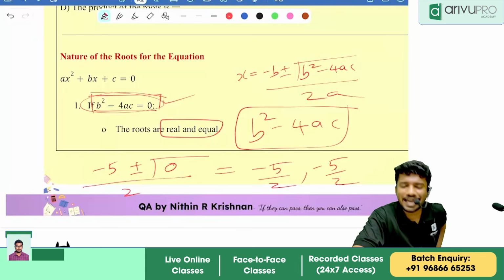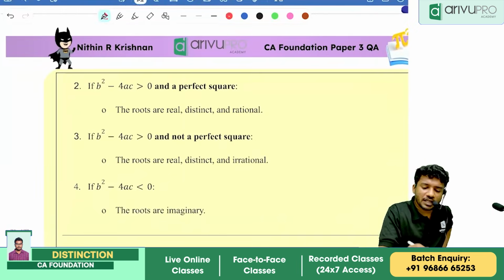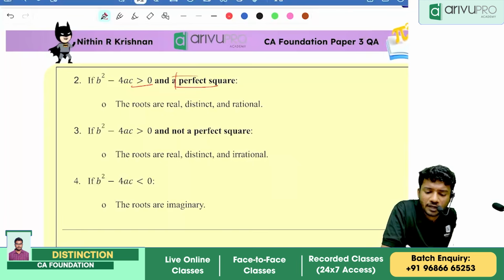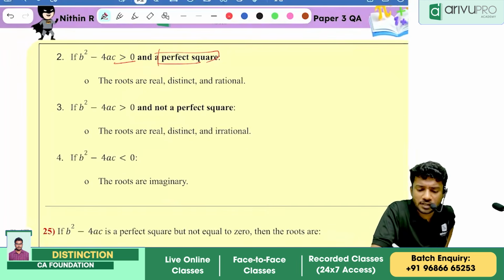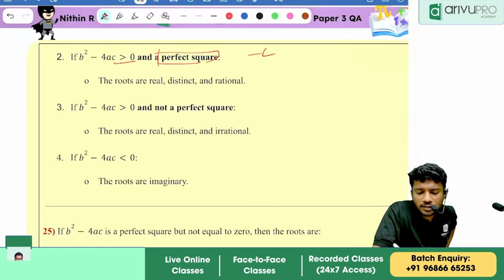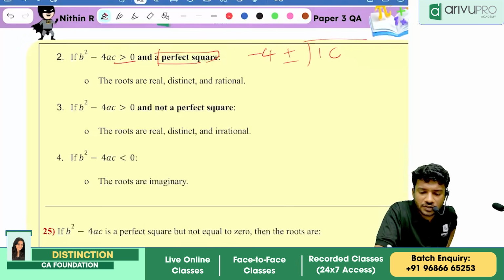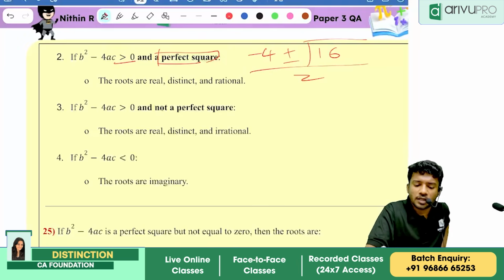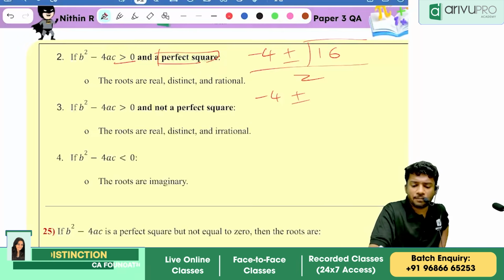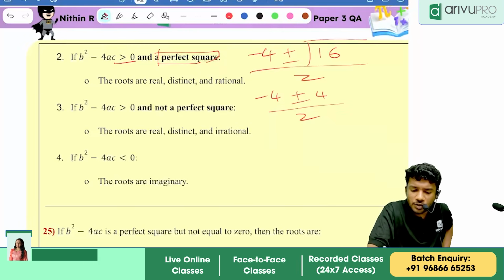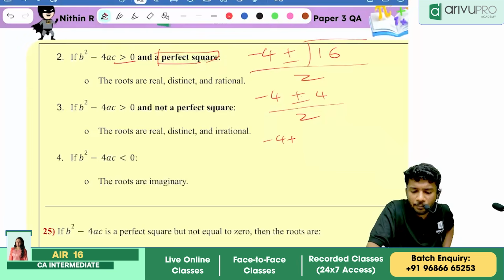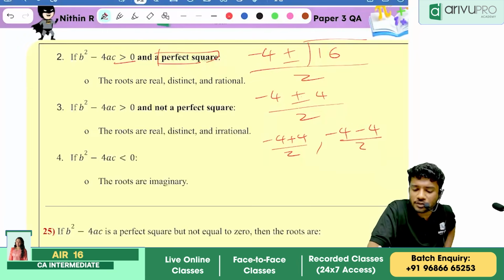Then, if it is greater than 0 and a perfect square, for example, randomly I will put minus 4 plus or minus root of 16 divided by 2. That is nothing but minus 4 plus or minus root 16, which is 4, divided by 2. Now we will put minus 4 plus 4 by 2 as one root, and minus 4 minus 4 by 2 as the second root.